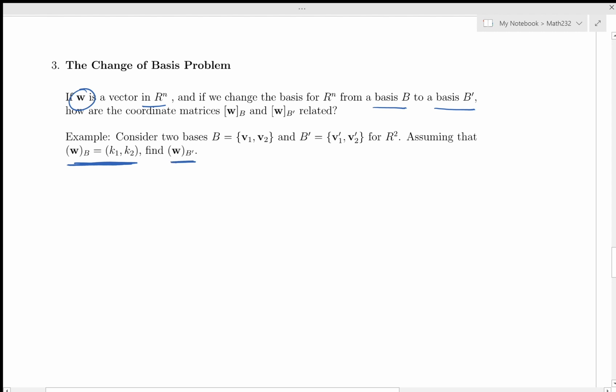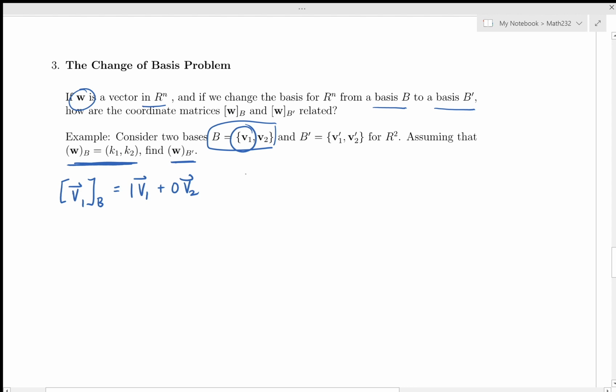I'm now looking at the basis vectors of B, and I just want to make sure we have this whole thing correct. If I take a look at the vector v1, what does that look like referenced to B? It looks like this: 1 times v1 plus 0 times v2. Right? It is v1.